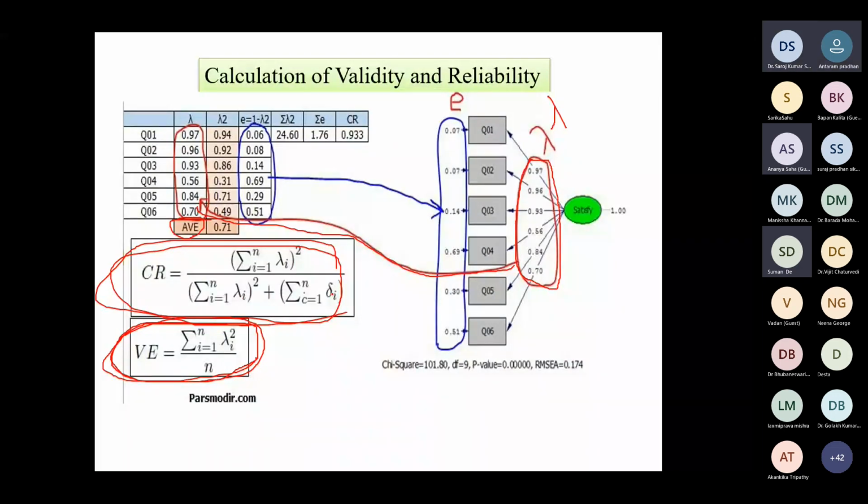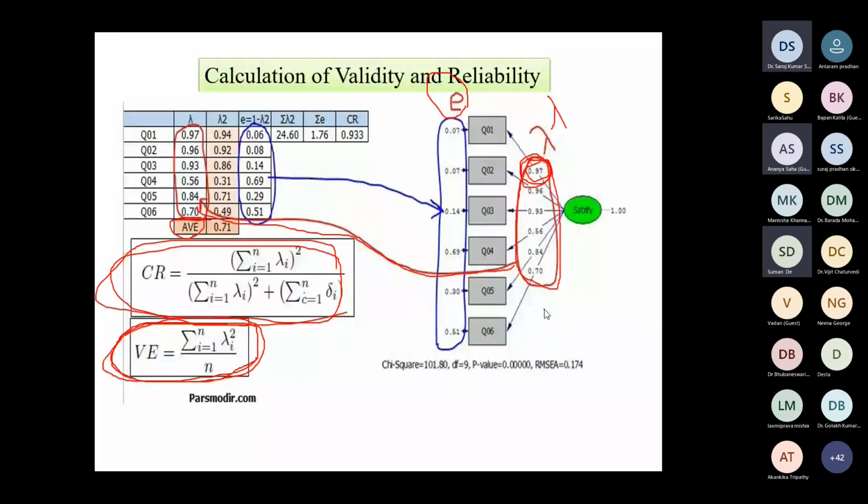What is error? Error is the amount of variance that cannot be explained. The total amount of variance is 1. So 1 minus the amount of variance explained is error.